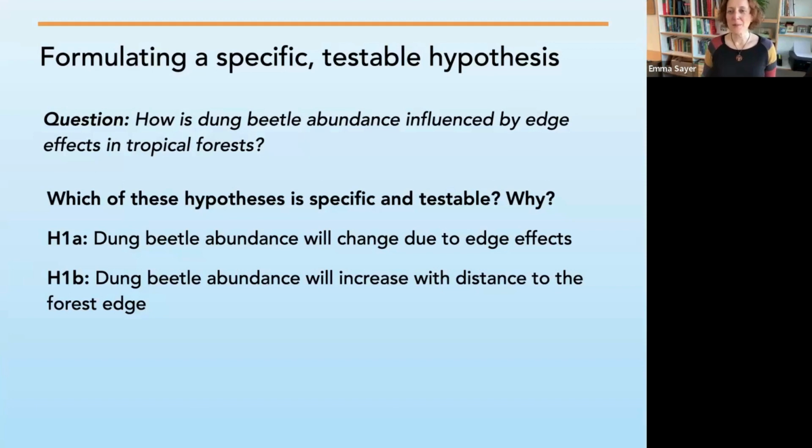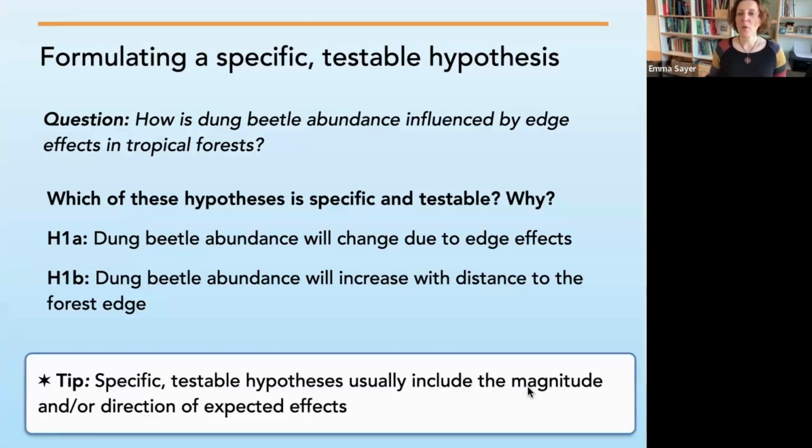Yes, hypothesis B is definitely specific and it's testable. Hypothesis A certainly isn't. So one of the good rules of thumb for specific and testable hypotheses is that they almost always include the magnitude of the effect and the direction of the expected effect.